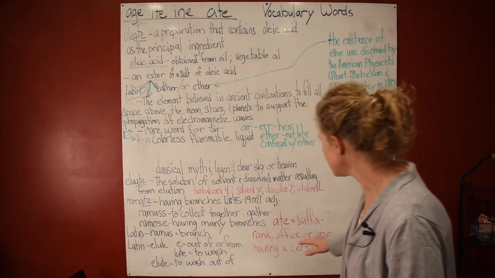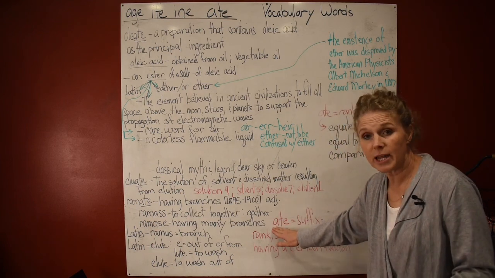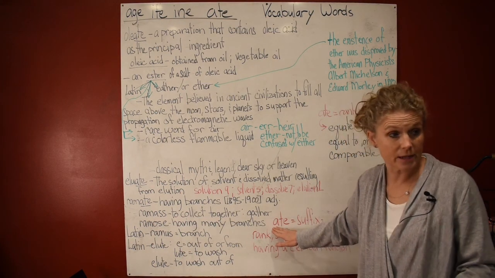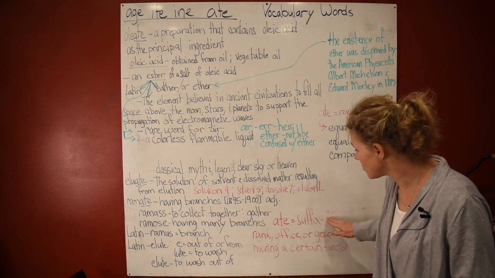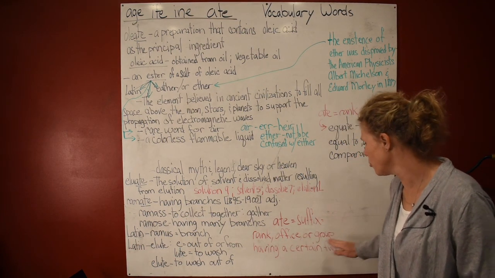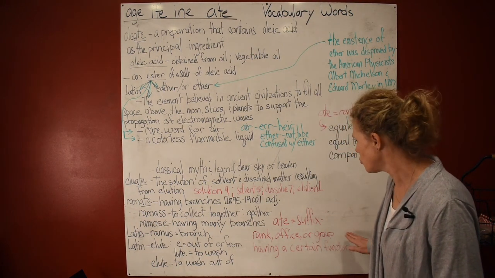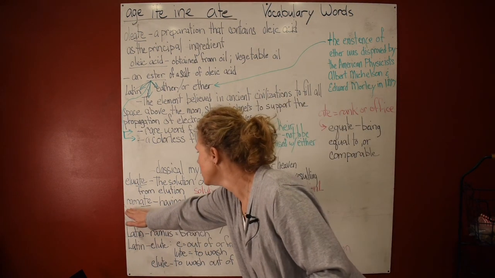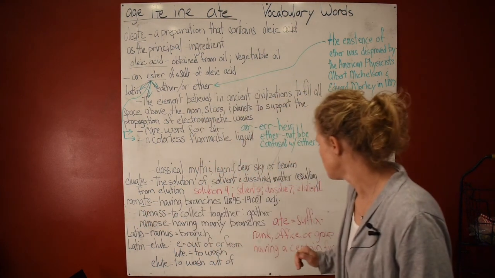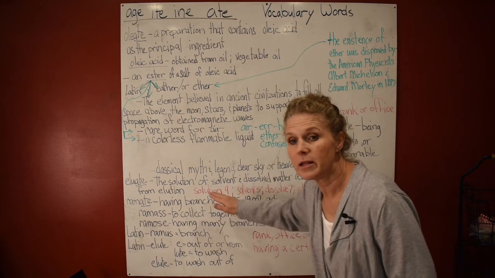When we look, it's also really important to understand what your suffix is. ATE is a suffix. It means a rank, office, or a group having a certain function. So when you're looking at ramate, it's a group having a certain function of branches.